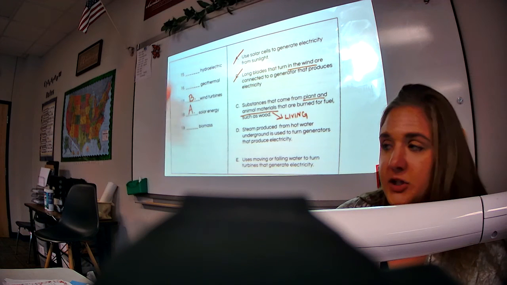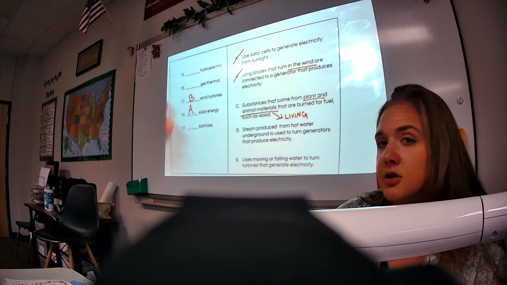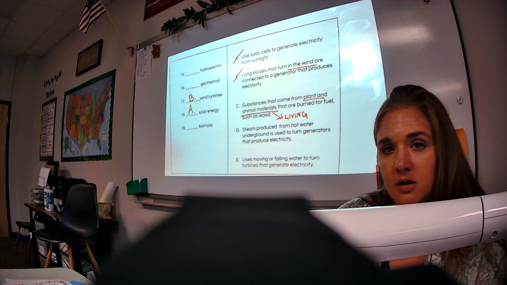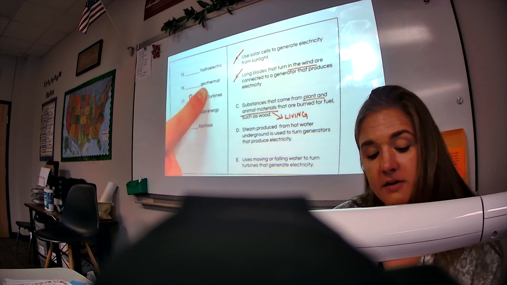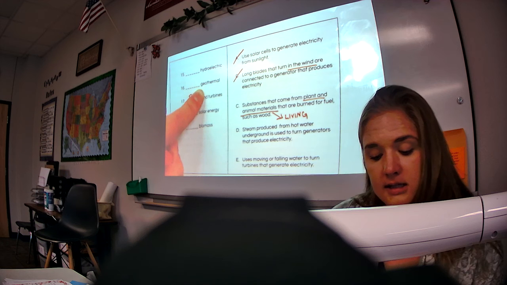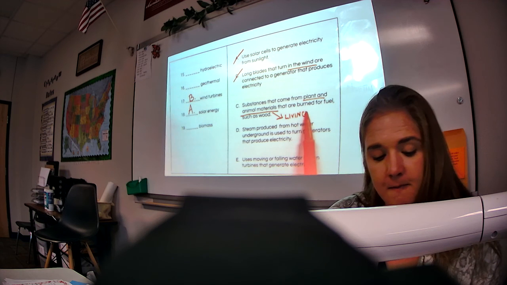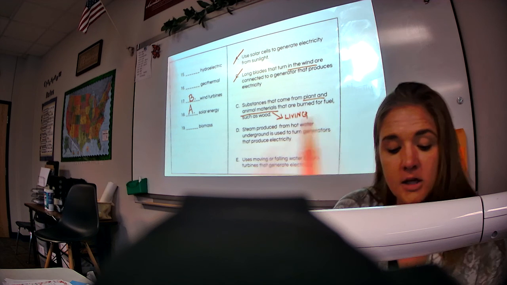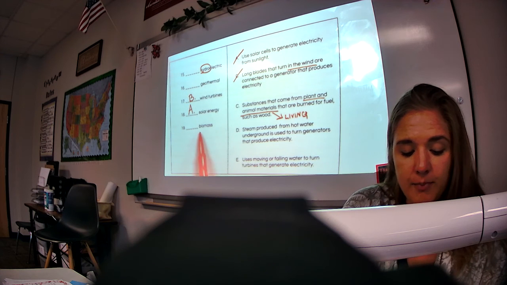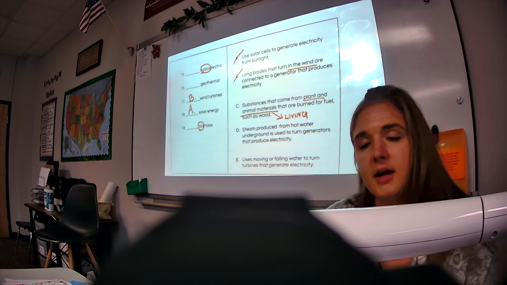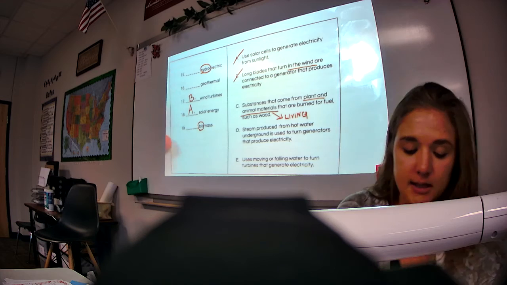Which of these has to do with living things giving the energy? Edgar? This is heat from the earth. Is that describing heat from the earth? Okay, so we have hydroelectric, where the root word means water, or we have biomass, where the root word means living. Biomass, that's right.